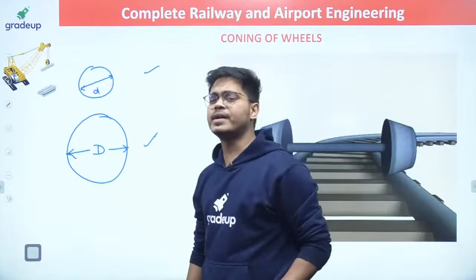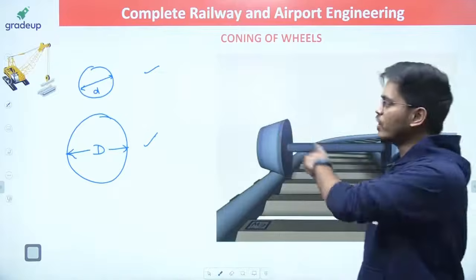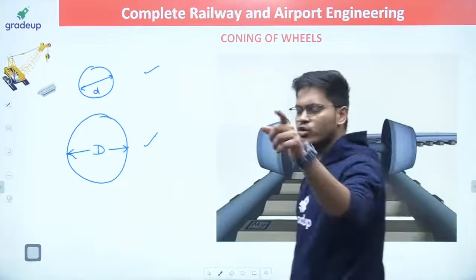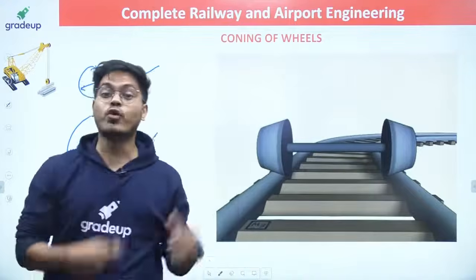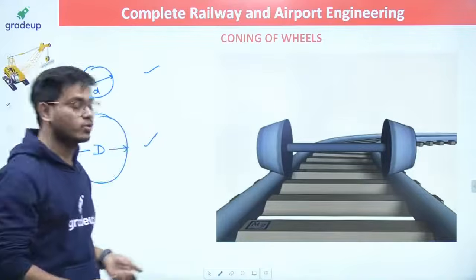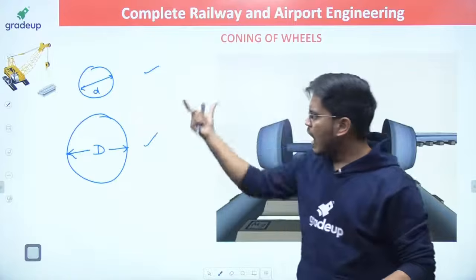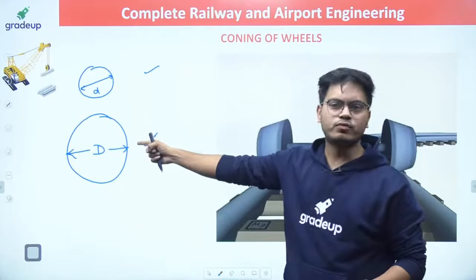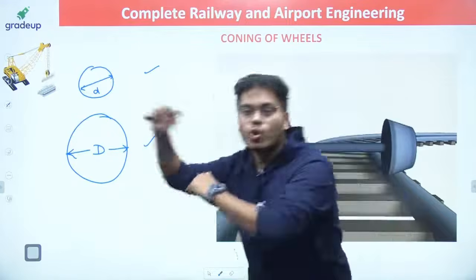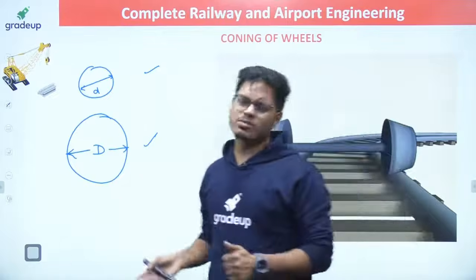With full power, everybody respond, and I will tell you this coning concept like never before, and you will never have doubt about the coning of wheel concept, right? Everybody tell me in the comment box.